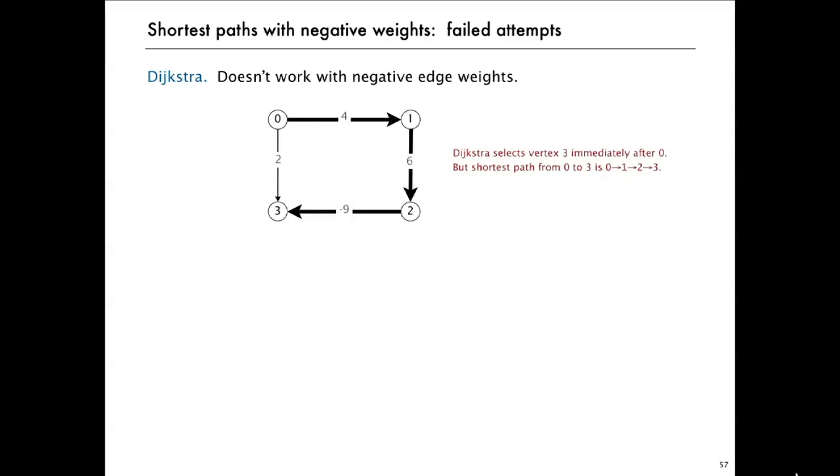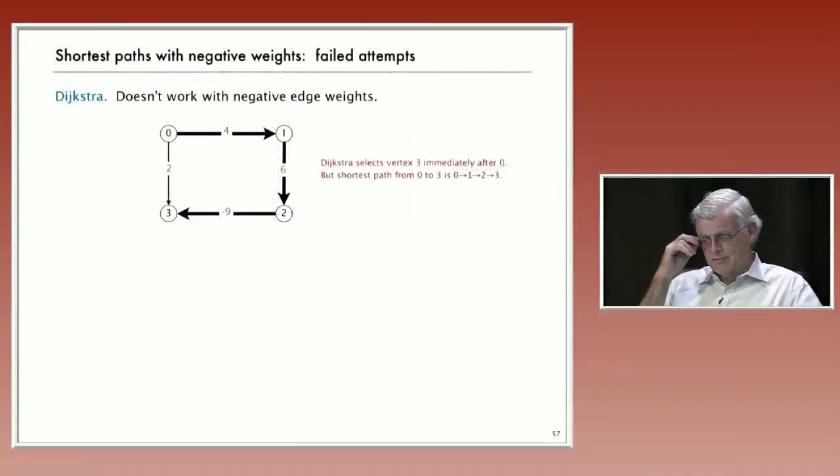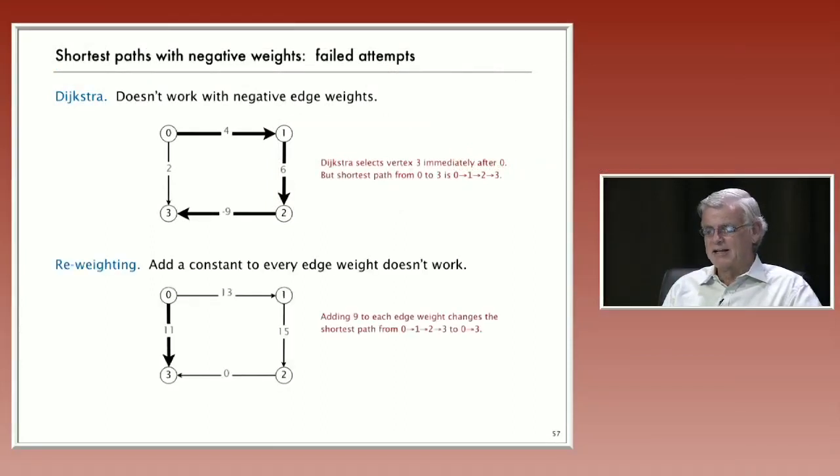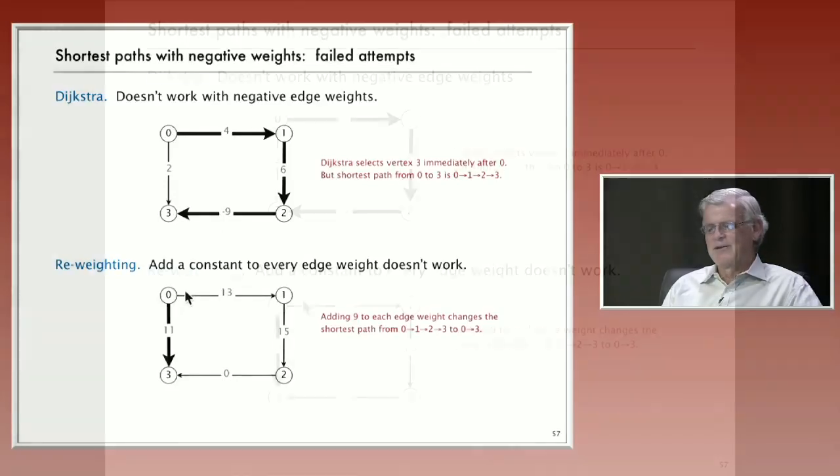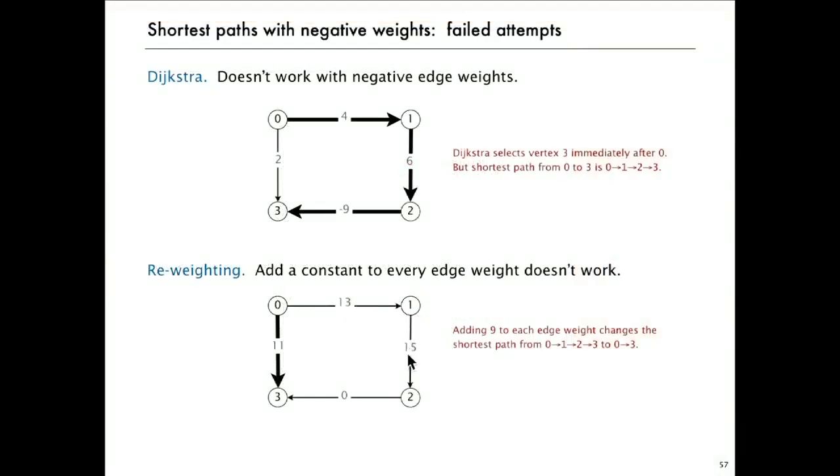And you might think, well, why don't we just make all the weights positive by adding 9 to everything? Well, that's not going to work because a longer path will have 9 added to it a lot of times, so there's no relation between shortest paths in this graph and shortest paths in that graph.